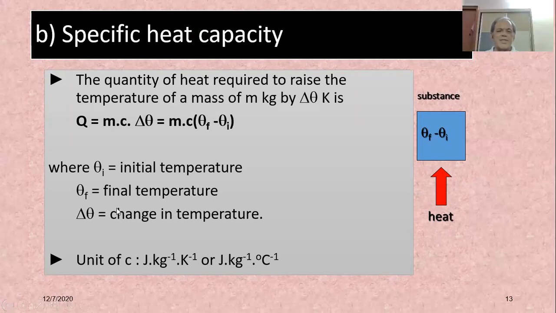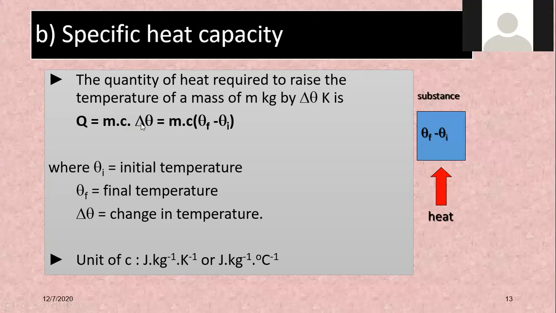The quantity of heat required to raise the temperature of mass m kilogram by delta theta in Kelvin is just Q equals mc delta theta. We can also write it as mc times theta F minus theta I, where theta I is the initial temperature, usually the room temperature.